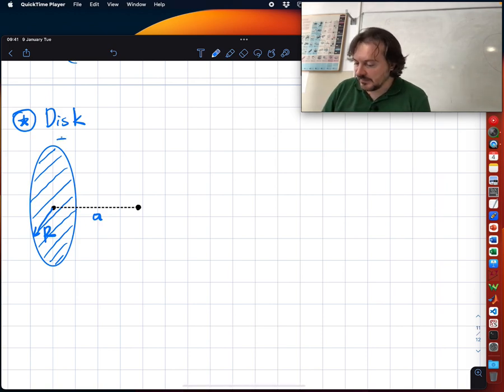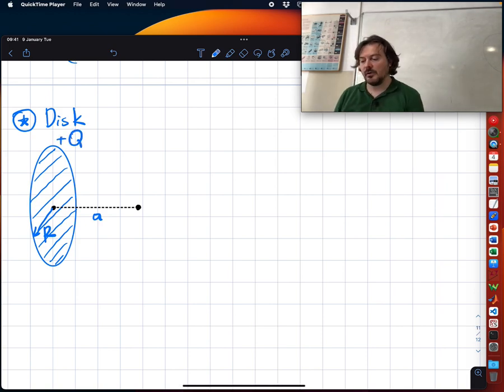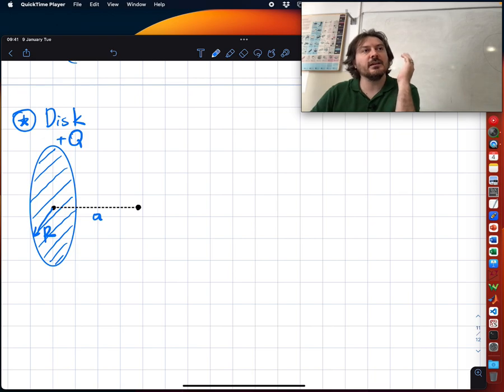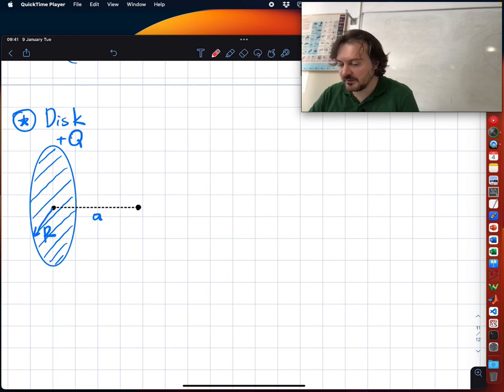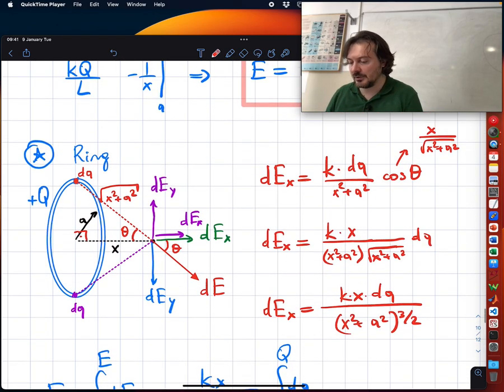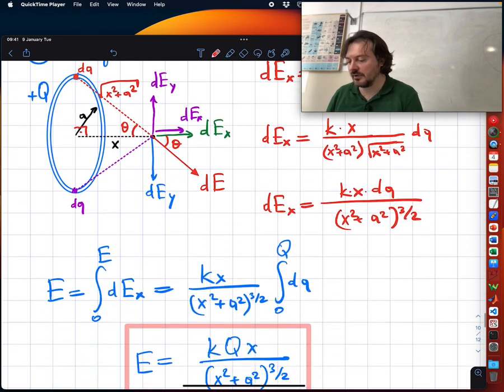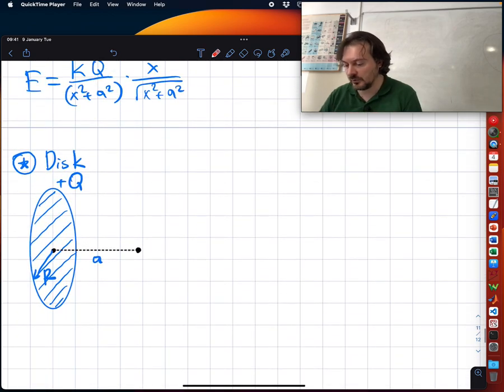Now, I have plus Q again. So, are all charges the same distance to this point? No. Some of them are closer, some of them are further away, right? But we can still use our ring solution in this problem.